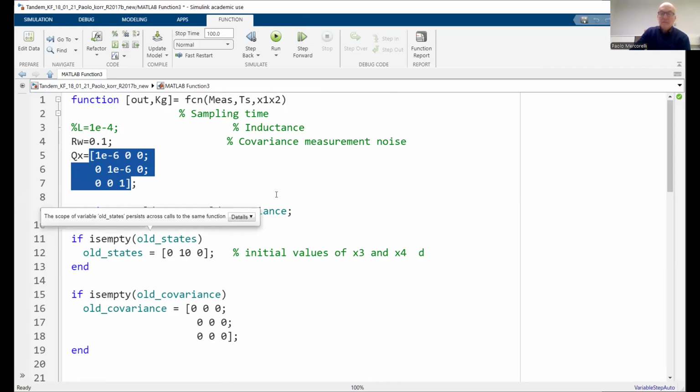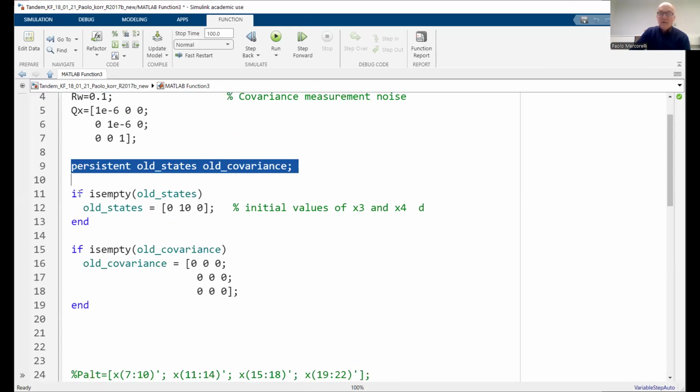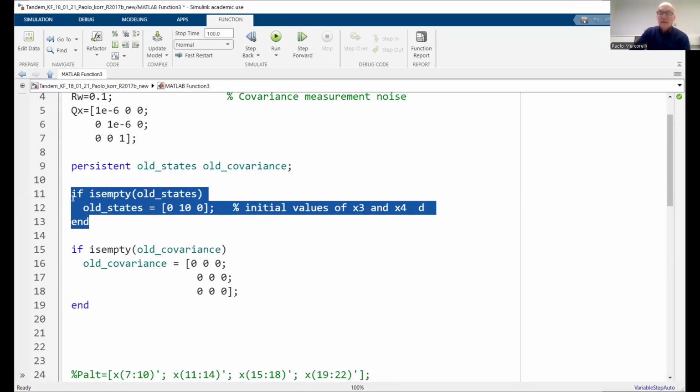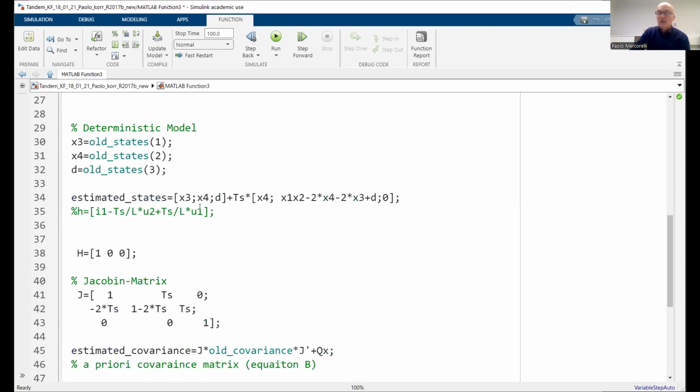The rest, persistent. Here we have 3 states, but in any case, the old value, the old covariance, prediction. We can see instead of 2 states as before, we have 3 states, as I told you. This is the vector characterized by the 3 dynamics.